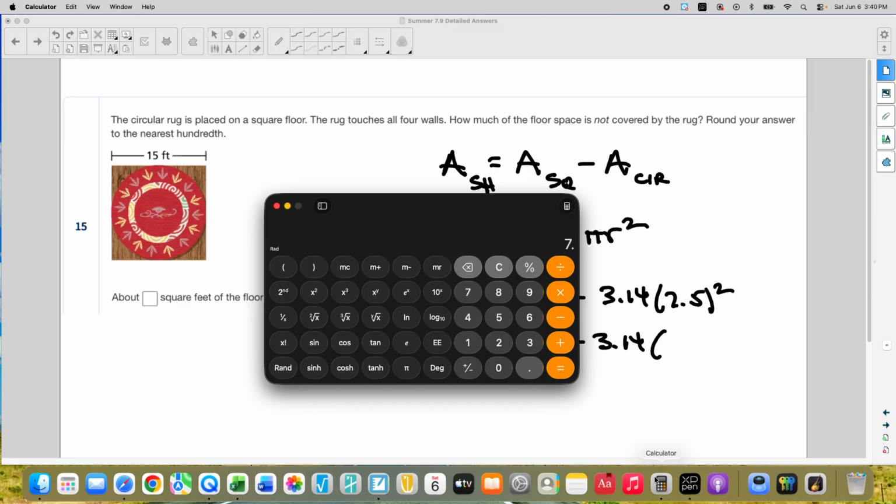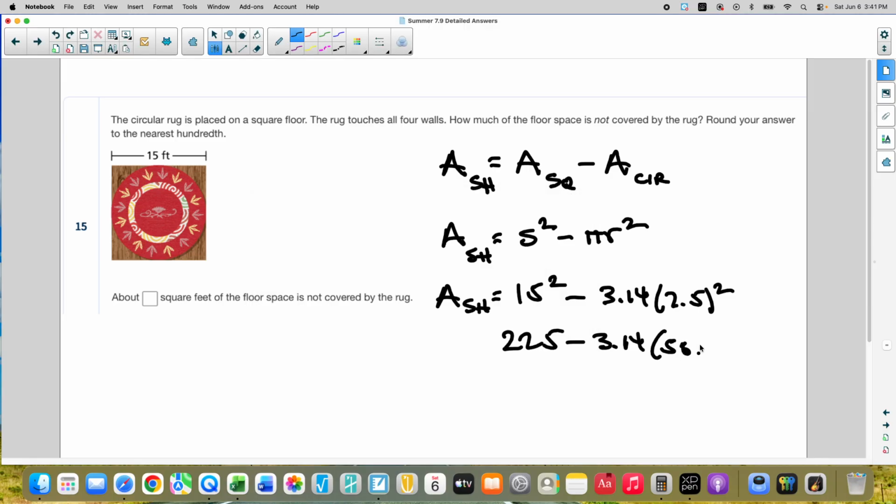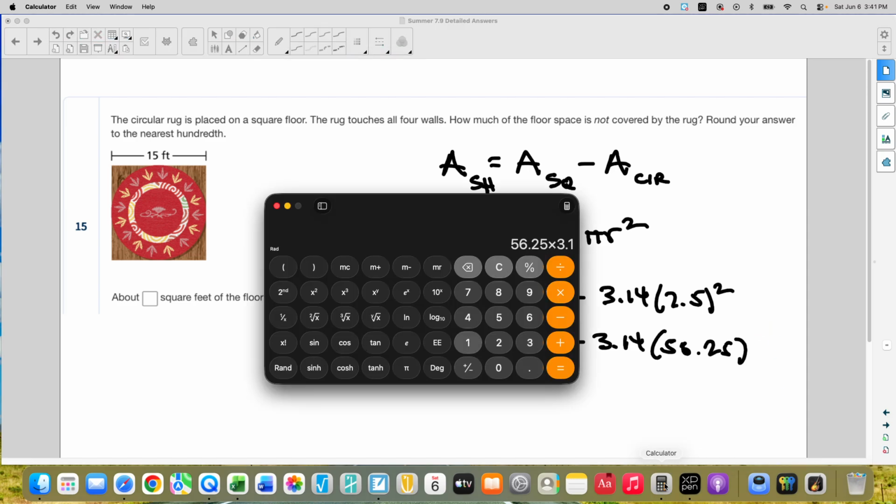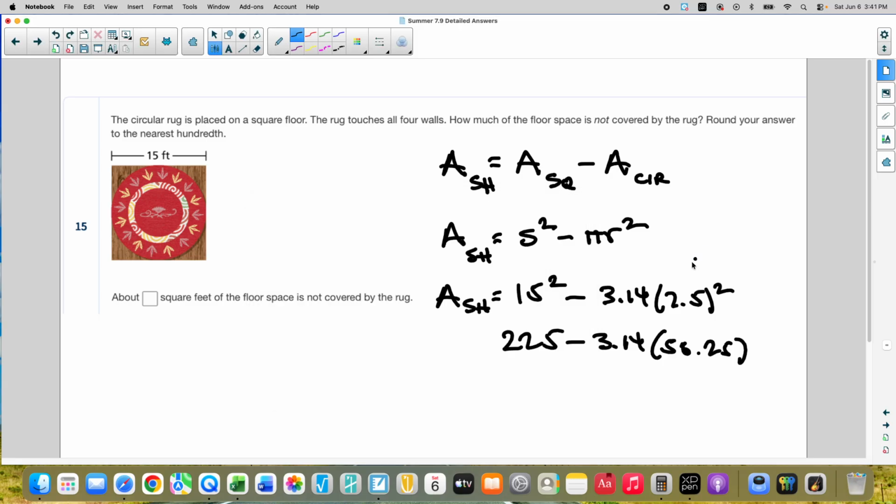See, 7.5 squared gives us 56.25. Let's multiply that by 3.14. Gives us 176.625. So we'll subtract that.